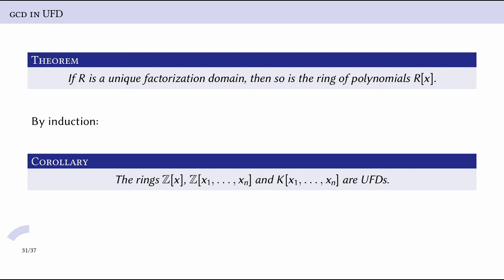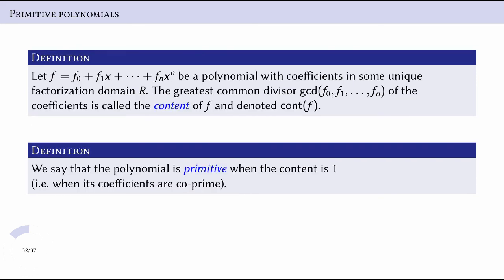The only thing that we need to do is to find a way to compute this greatest common divisor, replacing division by pseudo division. Here is how we do it. If we have a polynomial and the coefficients sit in some unique factorization domain, let's say the coefficients are integers, then the greatest common divisor of the coefficients is called the content of the polynomial, and it's denoted cont of f.